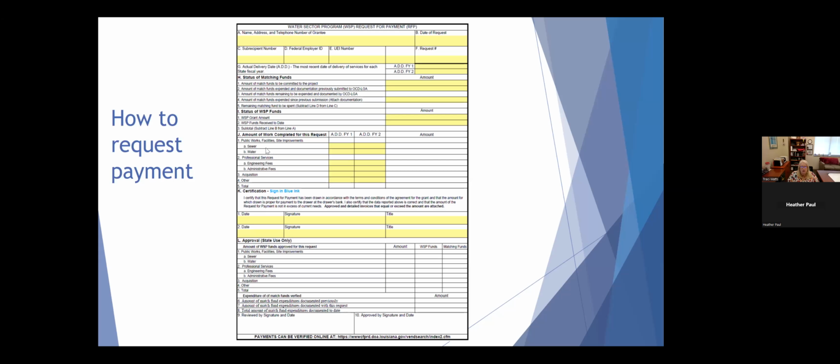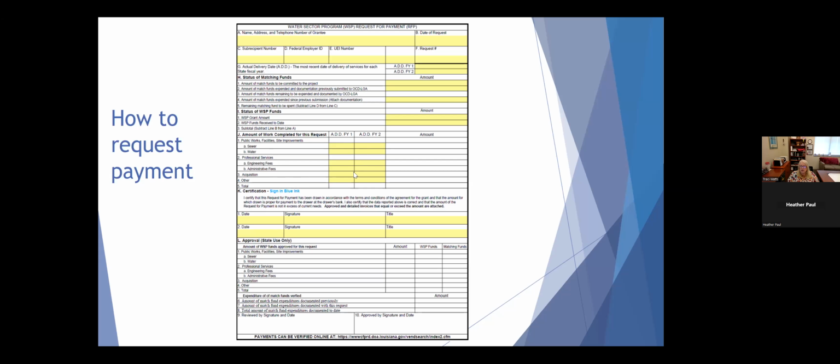If you have a sewer project, list it under sewer. If you have a water project, you would list it under water. If you are requesting funds for water sector engineering fees, you would put them there, or administrative fees, you would put them here.